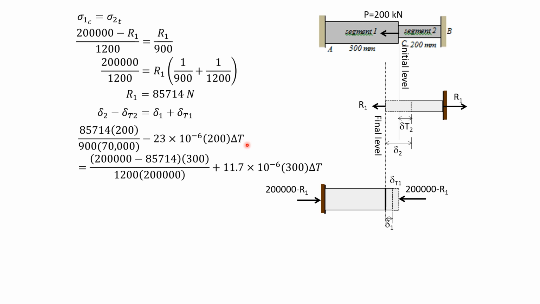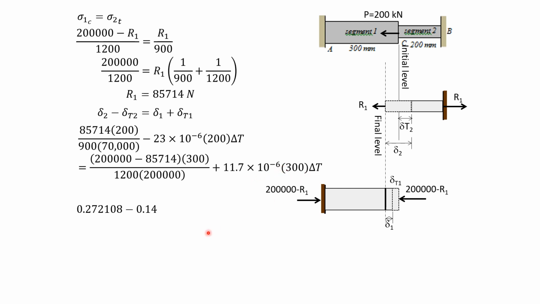Let us say the change in temperature is delta T, equals 200,000 minus R1, length 300 over area 1,200, plus coefficient of thermal expansion, or thermal displacement, 11.7 times 10 to the negative 6, 300 times delta T.